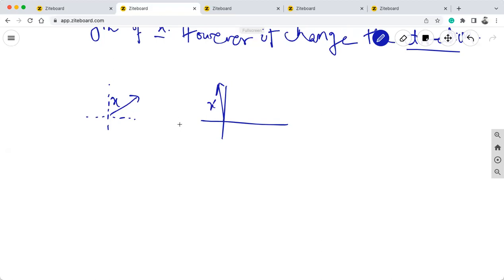But the length of x prime and the length of x should be the same. Only the angle may be different. If it is some theta 1, it can become some theta 2, and this is the product of some unitary matrix U. So you have done this evolution, the product of a unitary matrix with the state x, to get another state x prime.